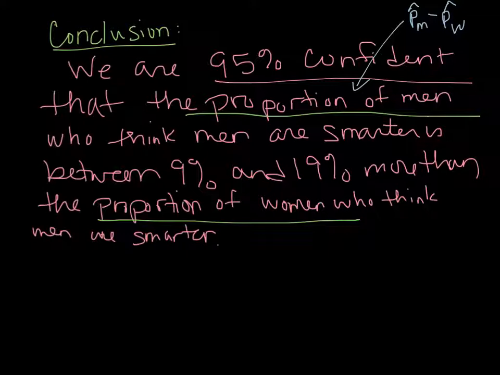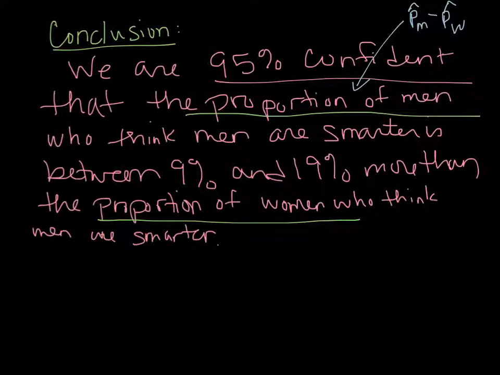So go ahead and look at the questions that they asked at the end of this problem. The first thing they asked is is there a gender gap about opinions, and what would we estimate the size of the gap to be? So we actually just answered the second question, which was estimating the size. You also need to mention one thing about whether or not there's a gender gap.